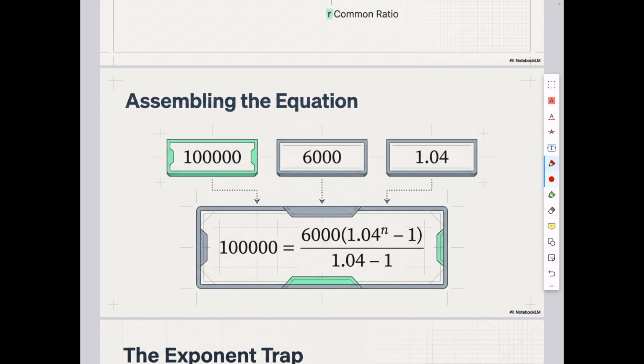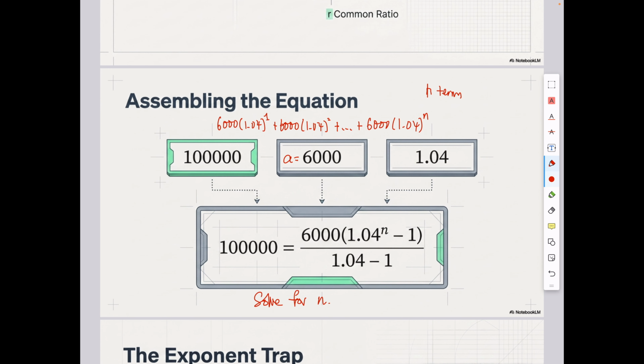Now I know I start from 1.04 power 1, 1.04 power 2, all the way to 6,000 times 1.04 power n, and I'm done. So I have n terms because I invested for n years. My 6,000 is my first term. My total value is 100,000. So my job now is to solve for n.